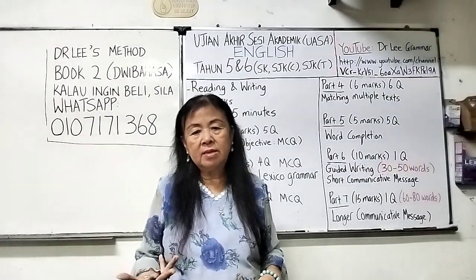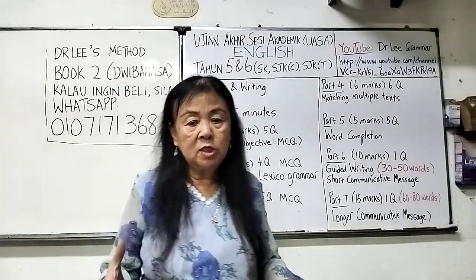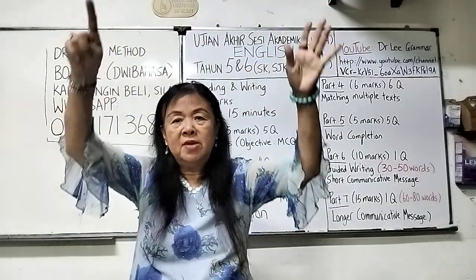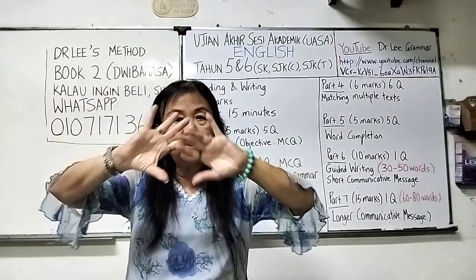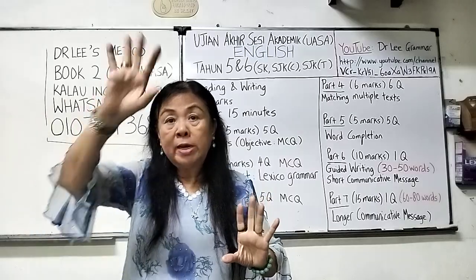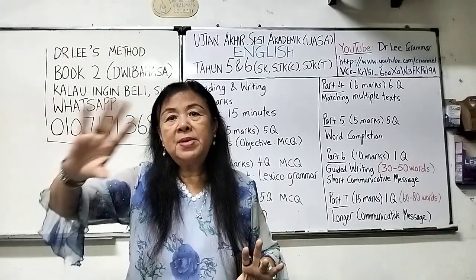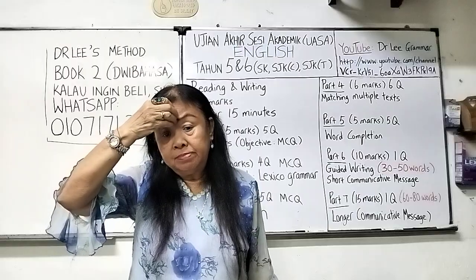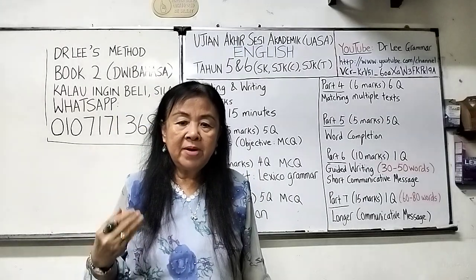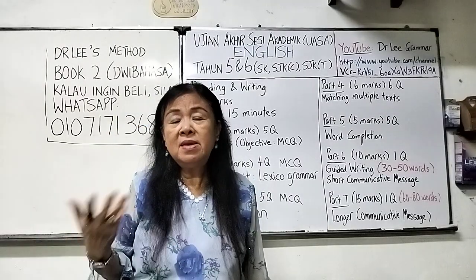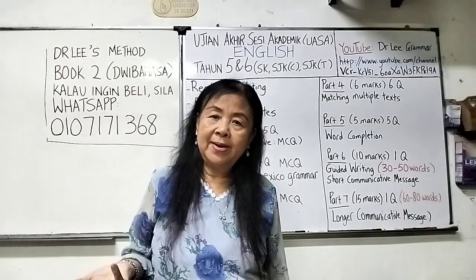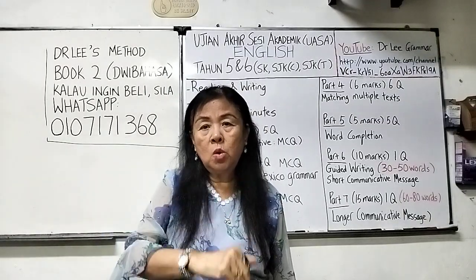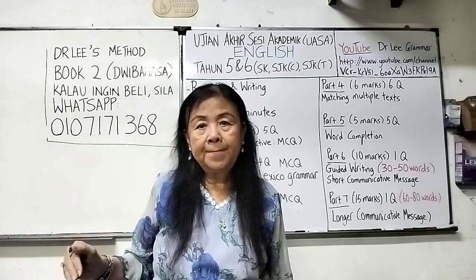So usually, one of the questions would be, for example, they give you a page of pictures. So there could be some words as well, maybe a funfair. Okay, then the question is write a message or write an email to your friend telling him that you want to go to this funfair.